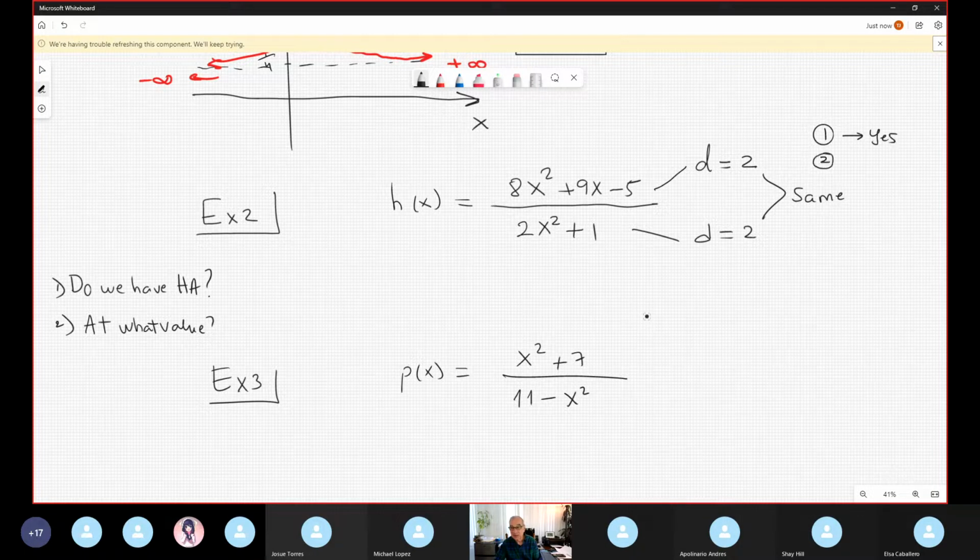Then, the second question: at what value do you believe the horizontal asymptote is? No asymptote? Wow, Michael says no asymptote. Michael, look, the rule is clear.